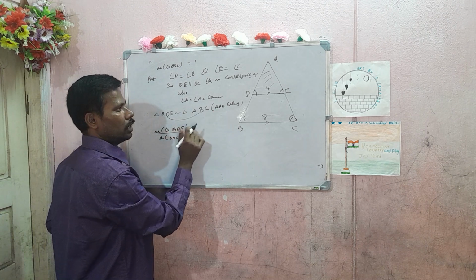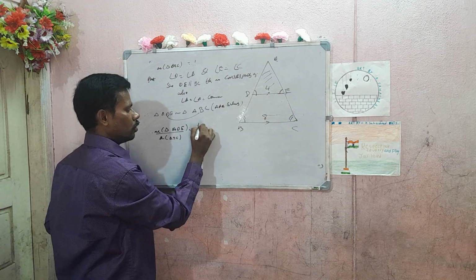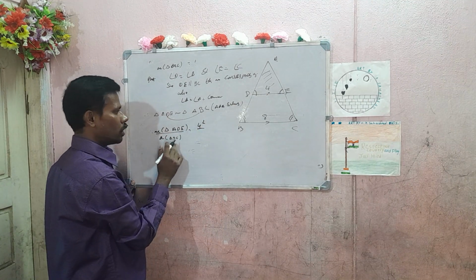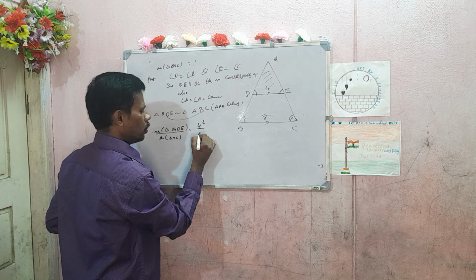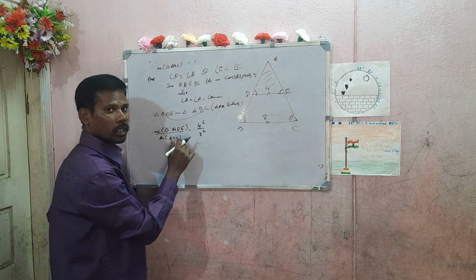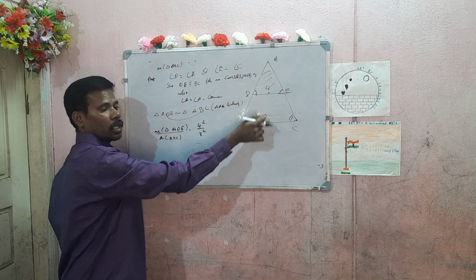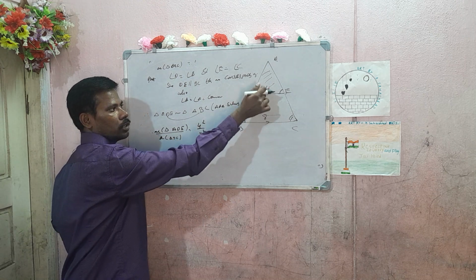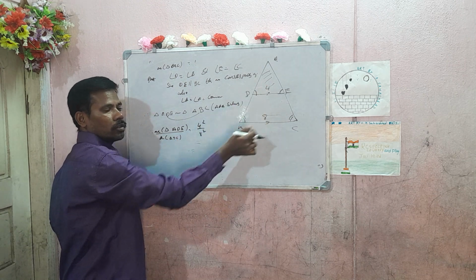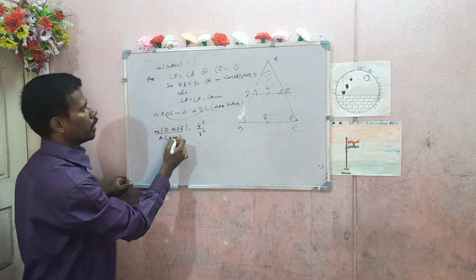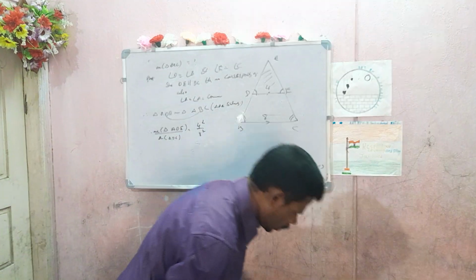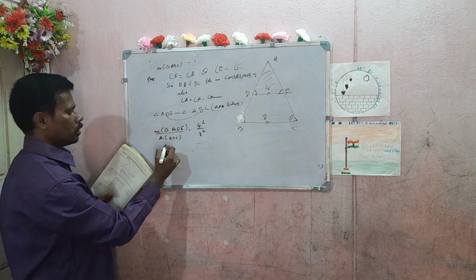For ADE, which is the side? This one. For ABC, this one. Corresponding side means for this side, this is the corresponding side, you have to take the square. And what is the area of triangle ADE given?